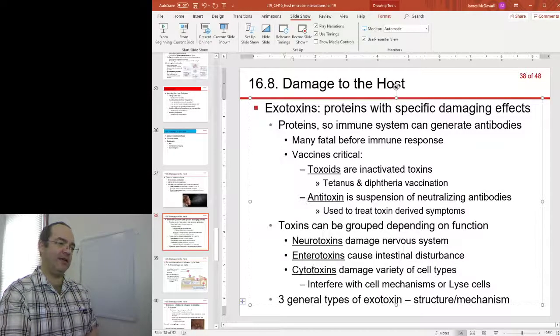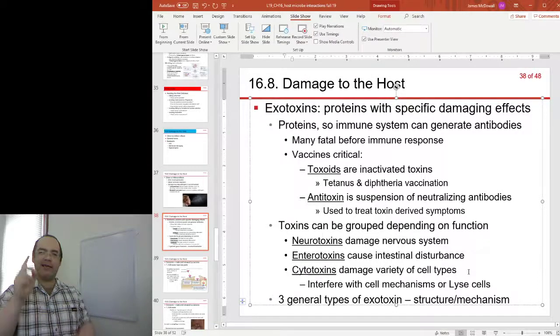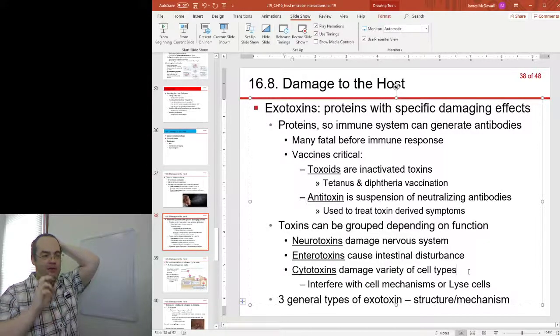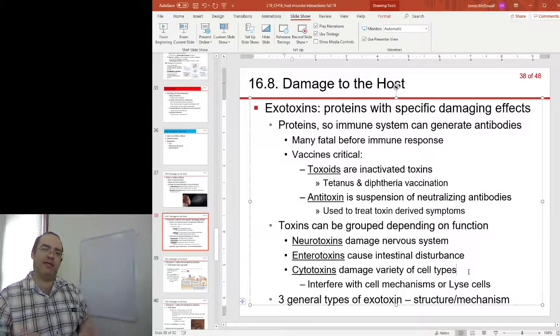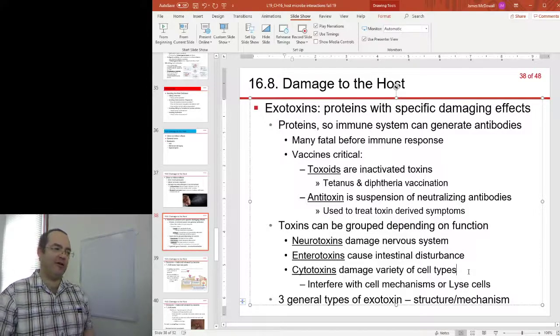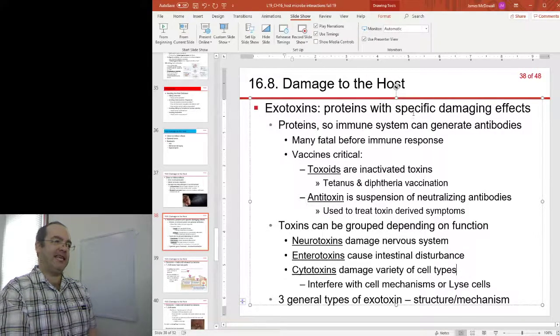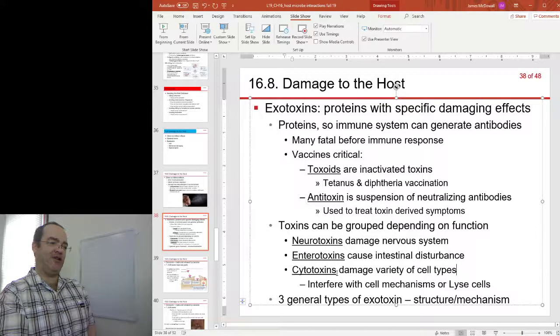So a cytotoxin just means cell toxin. And we've looked at things like cytotoxic T cells. The reason why they're called cytotoxic T cells is because they do indeed produce toxins that target other cells. But bacteria can produce cytotoxins as well.